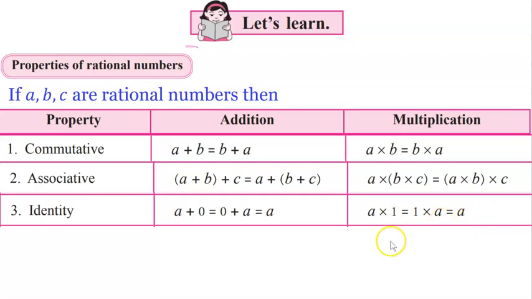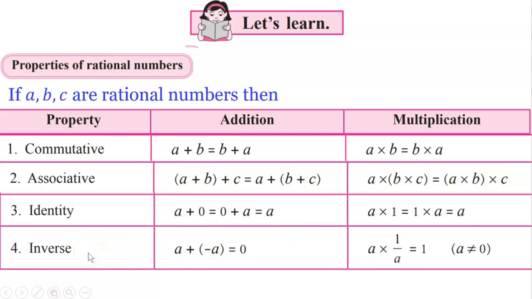For example, 5 into 1 is equal to 1 into 5 is equal to 5, and 5 plus 0 is equal to 0 plus 5 is equal to 5. Here we say that 0 is the additive identity and 1 is the multiplicative identity. These are the properties of rational numbers for addition and multiplication.